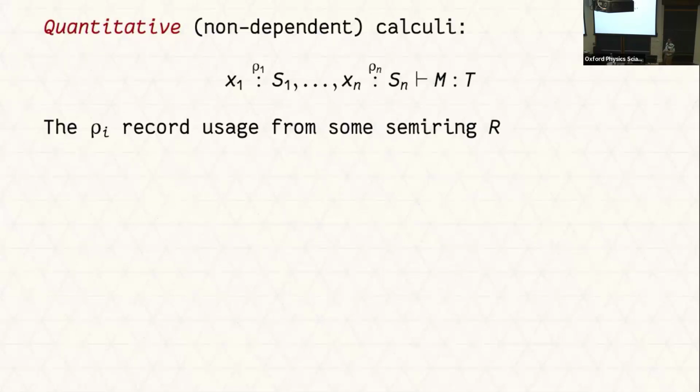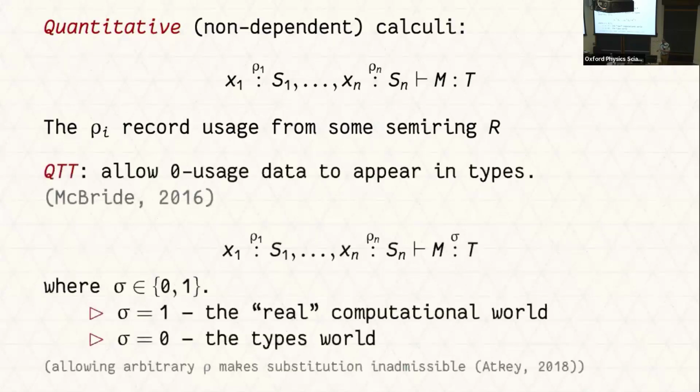So these don't necessarily have to be numbers. They could be security levels, or other things. And then the idea to extend this to dependent types is to treat the 0 of the semi-ring especially. So we are going to allow 0 usage data to appear in the types.